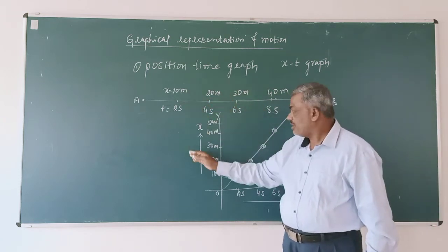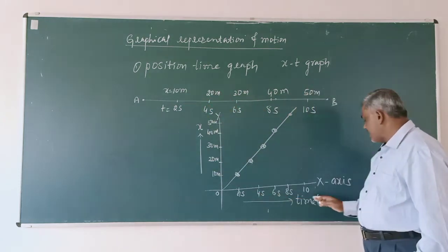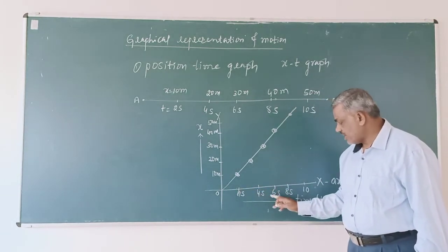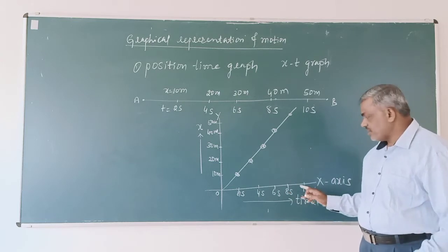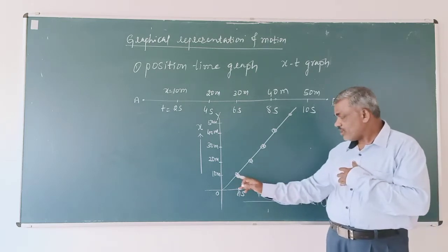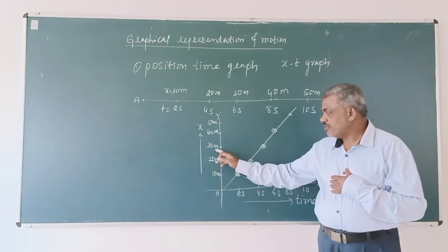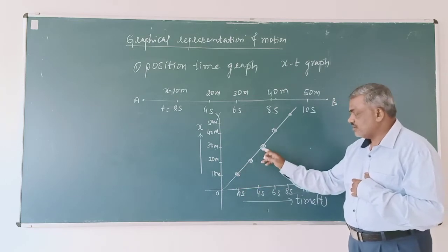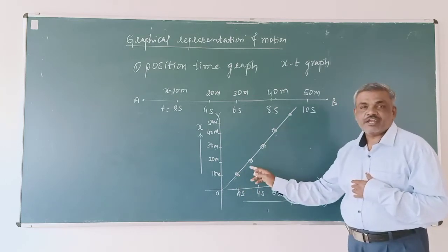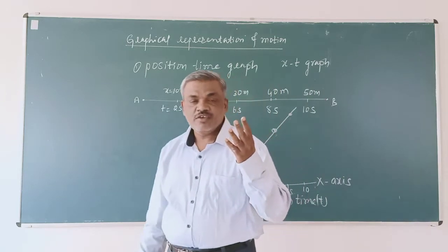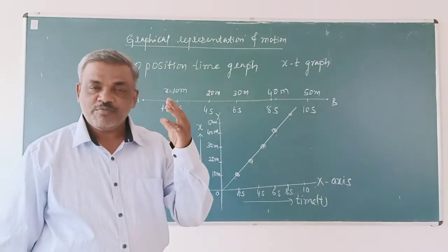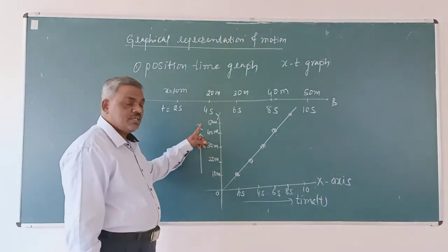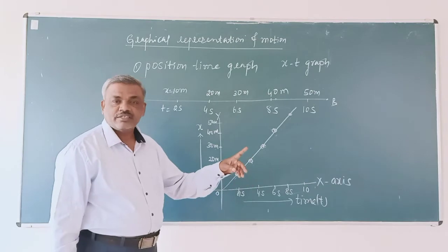Position x is taken along the y axis and time along the x axis. Each unit along the x axis is 2 seconds, 4 seconds, 6 seconds, 8 seconds, 10 seconds. On the y axis: 10 meters, 20 meters, 30, 40, like that. Now mark the points here and join all these points with a straight line. This graph is called a position time graph. What is the position time graph? The graph obtained by plotting position along the y axis and time along the x axis.